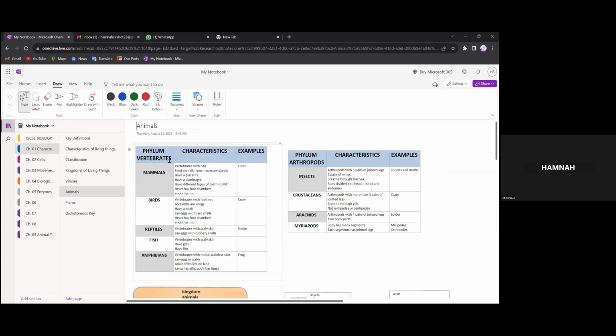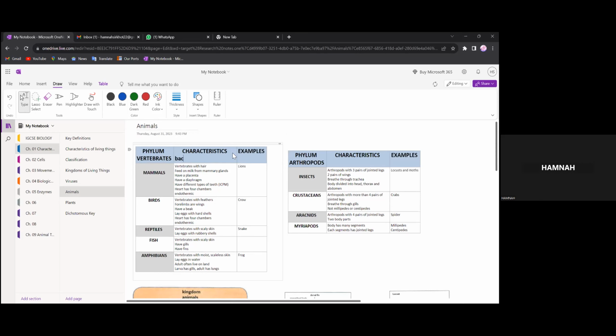When you hear the word vertebrates, what do you think? Warm-blooded? Vertebrates can be warm-blooded and cold-blooded. What is one characteristic of all vertebrates? They have a backbone.